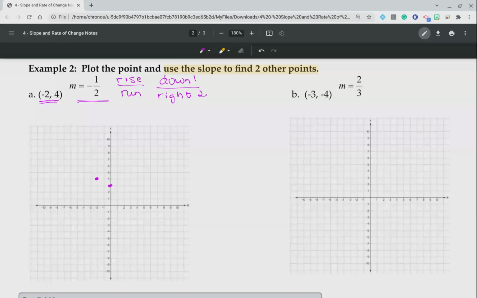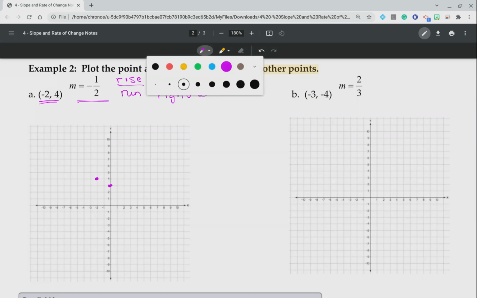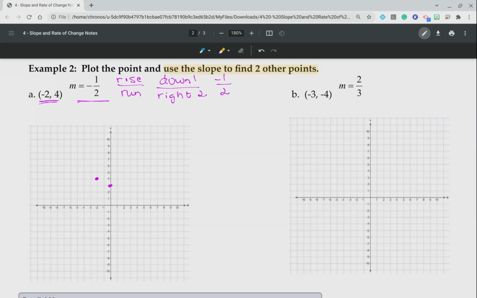Okay, but technically, that negative is in front of the whole fraction. So in this case, I gave the negative to the 1. But we can also do this where I give the negative to the 2, like this. That means the same thing. So in this case, this is telling me to go up 1 and left 2.